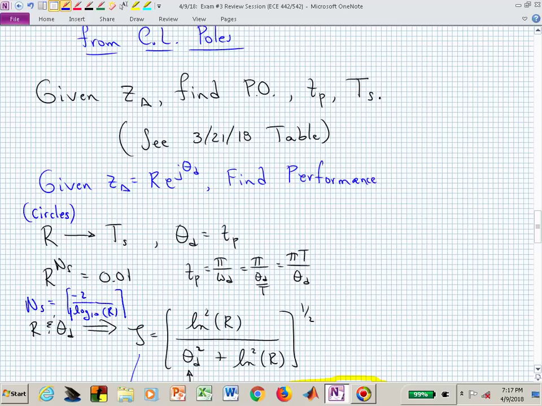Once you have this plot of logarithmic spirals on the z-plane, you could sketch the radius and angle and see where that intersects these zeta lines, these logarithmic spirals. Here's a way to do it analytically. You take the natural log of the radius, square it, that's in the numerator.